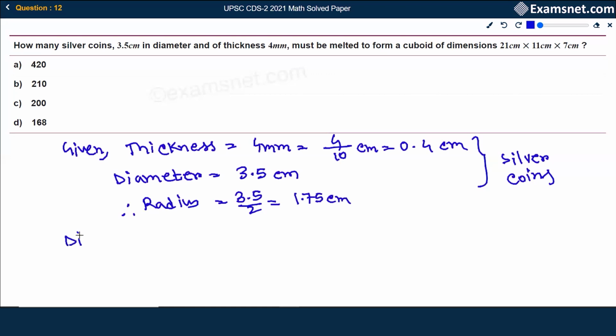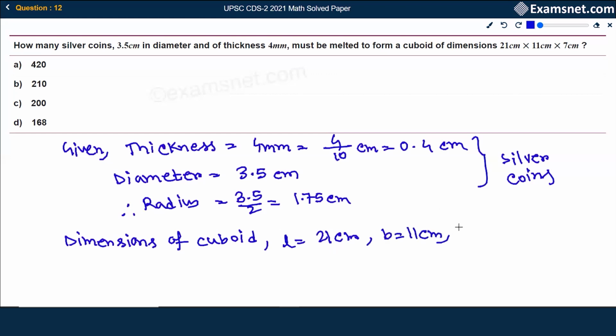Next, the dimensions of the cuboid are already given: length 21 centimeter, breadth 11 centimeter, and height 7 centimeter. Now we can assume let n number of coins are melted to form a cuboid.